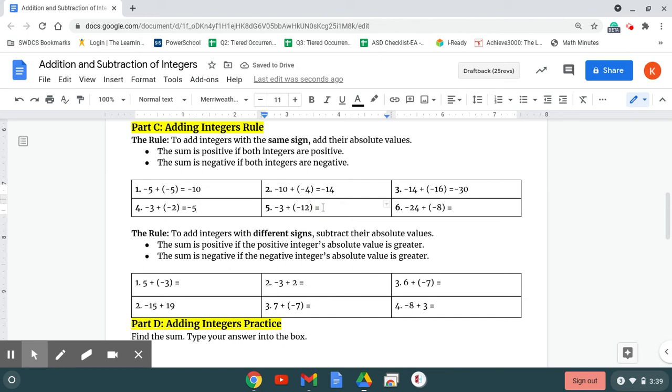Number 5, negative 3 plus negative 12. Now have you do this one on your own. Negative 3 plus negative 12, same sign, keep your sign, and add. 3 plus 12 is 15. So negative 3 plus negative 12 is negative 15.